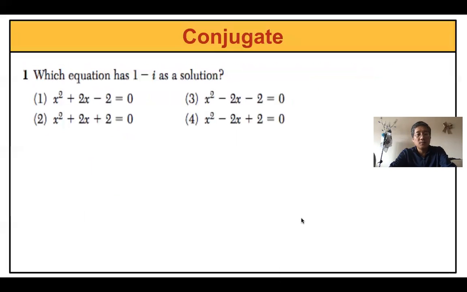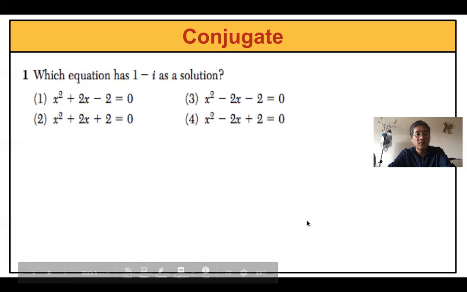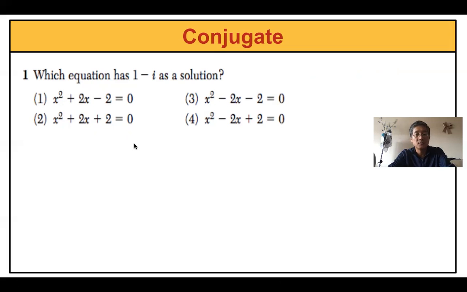It's a multiple choice question, but you don't need to answer now. I want you to understand about conjugates. What is a conjugate? If you use the quadratic formula for a quadratic equation, how many solutions are there? Two solutions, right?